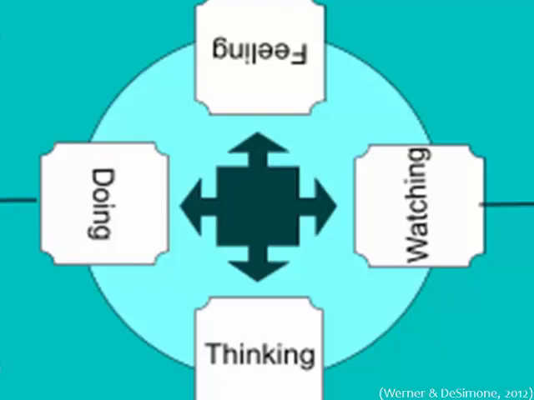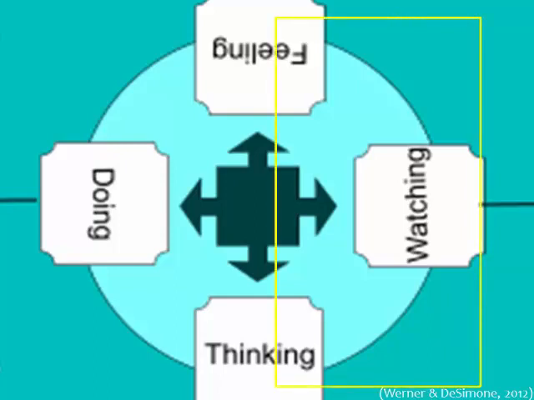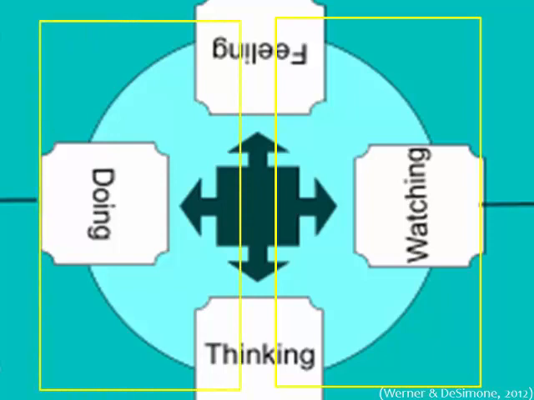When delivering information in combinations of thinking and watching or feeling and watching, we're asking students to process information through observation, connecting to experiences, and reasoning out the information. When delivering information in combinations of thinking and doing or feeling and doing, we're asking students to process the information through a more hands-on experience, focusing on the application of information in new experiences and resolving issues within the content being learned.